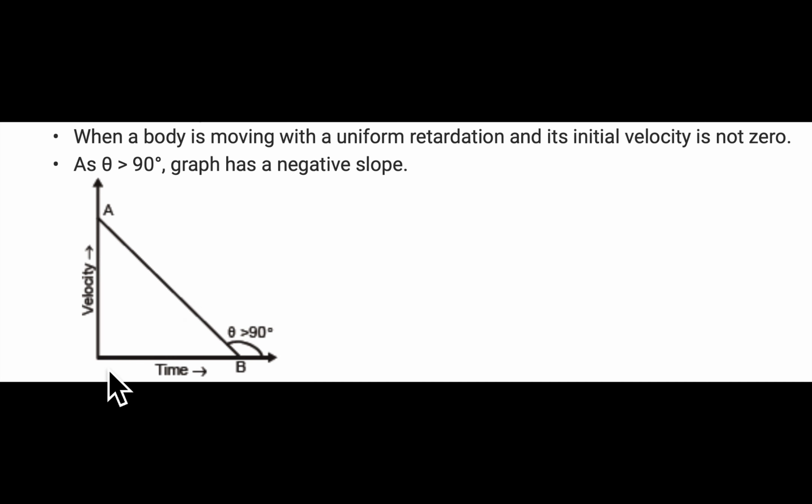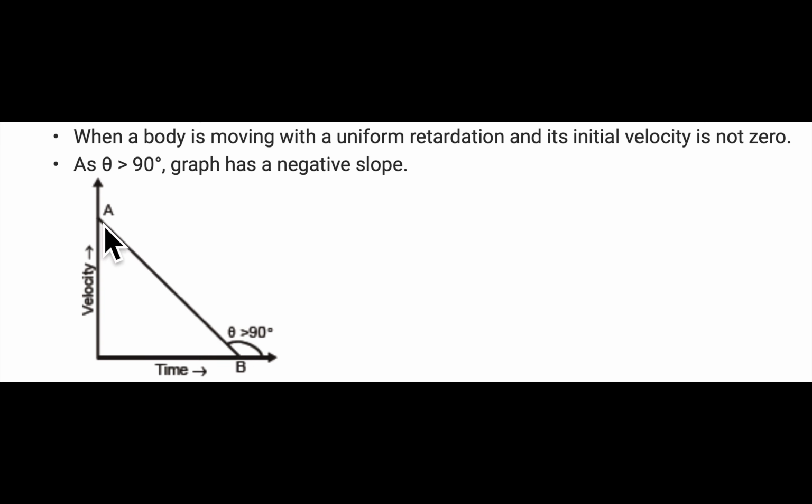In this graph, time is taken on x-axis and initially the object has some velocity. Suppose it started from point A and its velocity is decreasing and it reaches after some time at point B, means the velocity becomes 0.